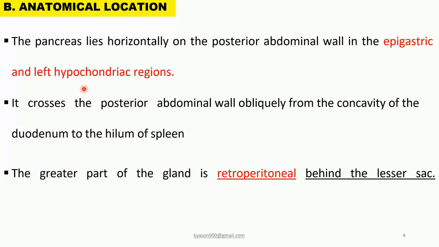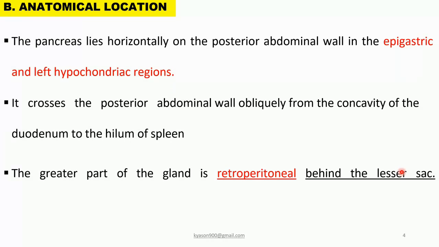And if you use the nine abdominal regions, your pancreas is going to be within the epigastric and the left hypochondriac regions. It lies almost oblique within those regions. The bigger part of it is retroperitoneal, meaning that it's behind the peritoneum, attached onto the posterior abdominal wall behind the lesser sac.